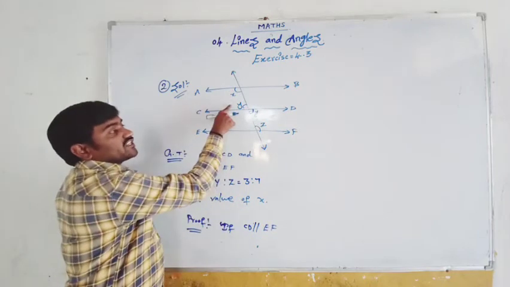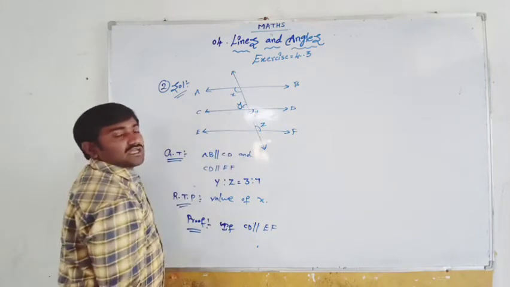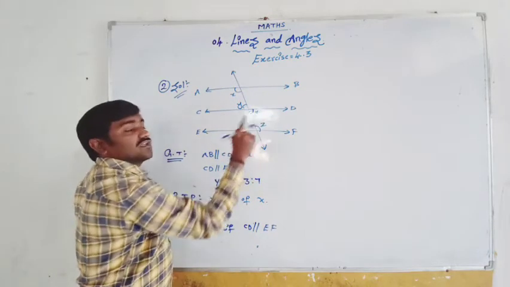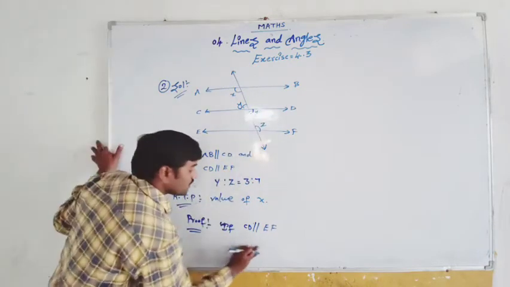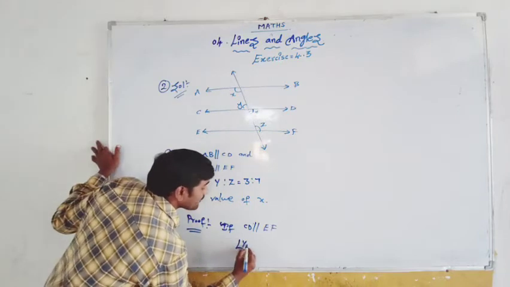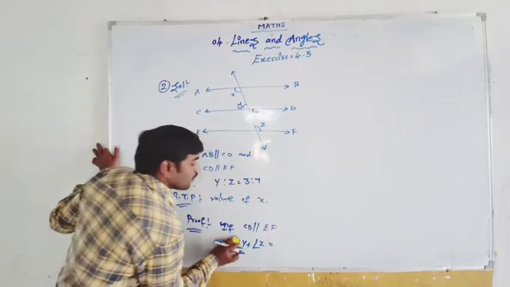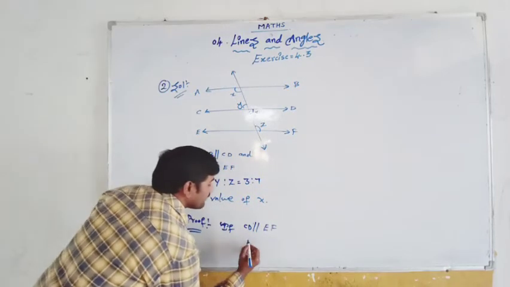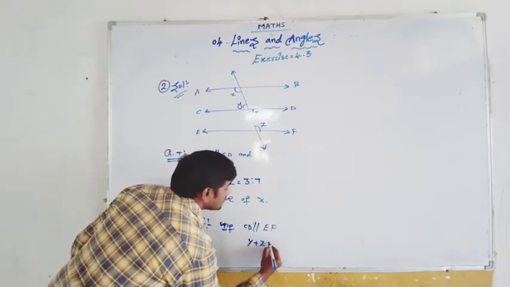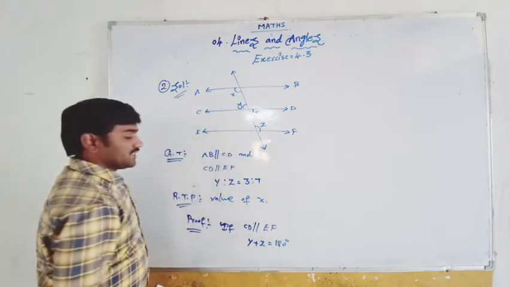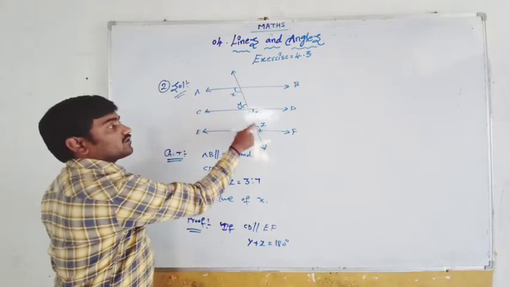So if it is angle Y here, here also it should be angle Y. The sum of these two angles will give us 180 degrees. So Y plus Z is equal to 180 degrees.